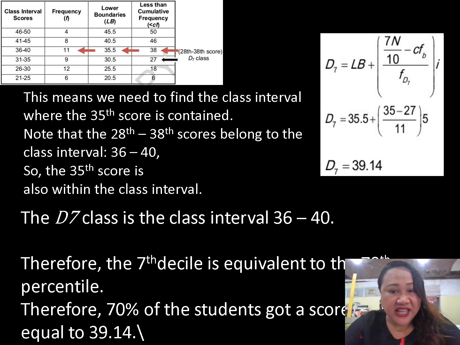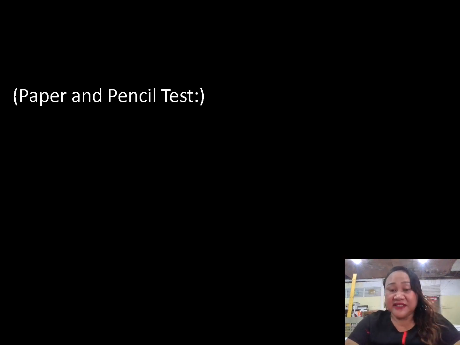Did you understand? I hope so, because I can see you solving, and I know in your brows and in your eyes that you understood the lesson. Okay, since that is done, I know you're ready for a pencil and paper test.